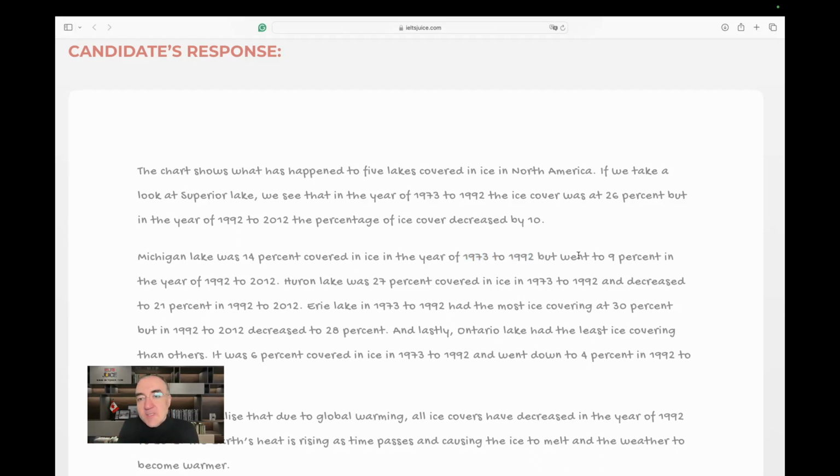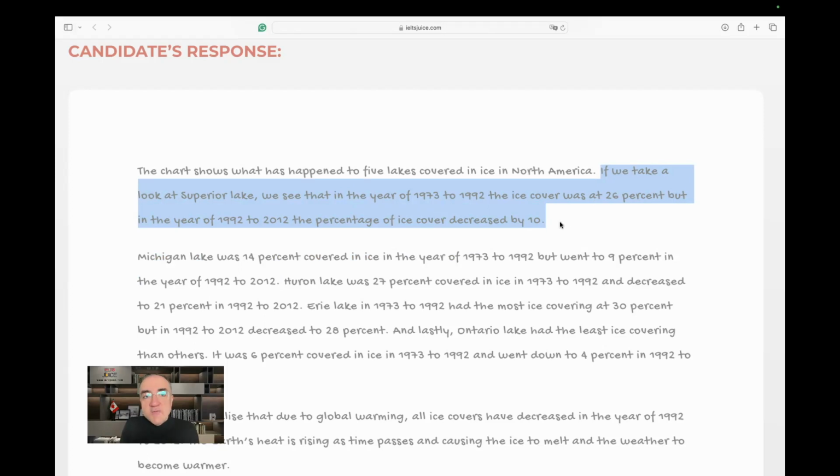So, but went to 9% in the year, again, a similar structure. Oh gosh. In the second time period given, something like that. Lake Huron, I'm beginning to feel two things. One, why did we mention Lake Superior in the introduction?